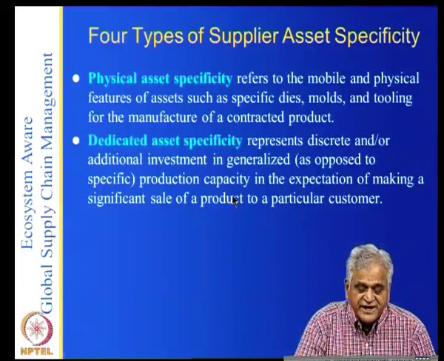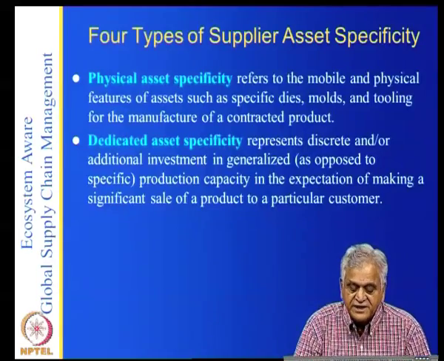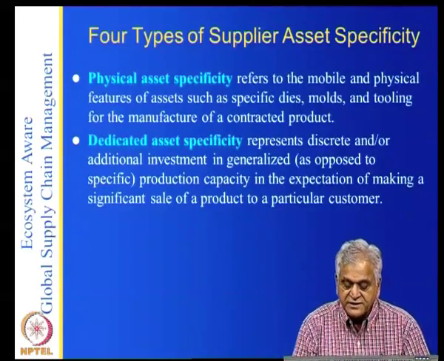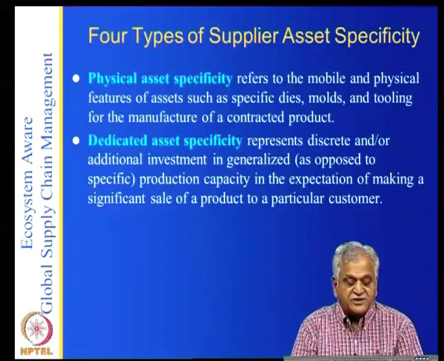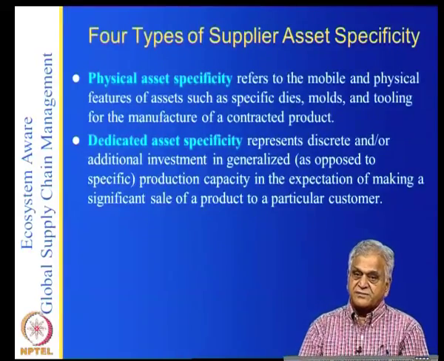The other one is dedicated asset specificity, which represents discrete or additional investment in generalized production capacity in the expectation of making significant sales of the products to a particular customer.